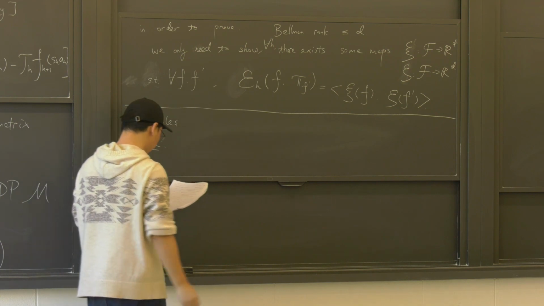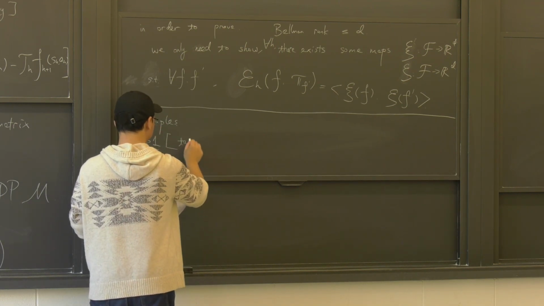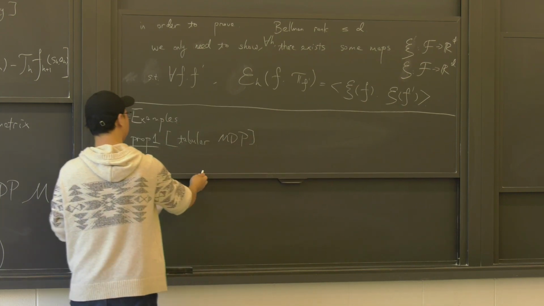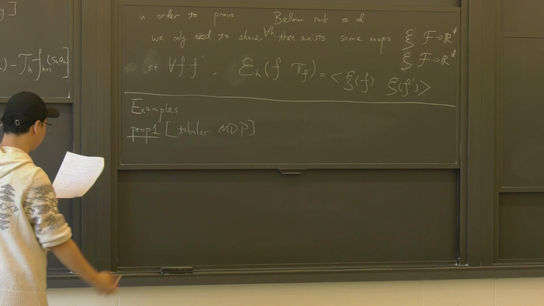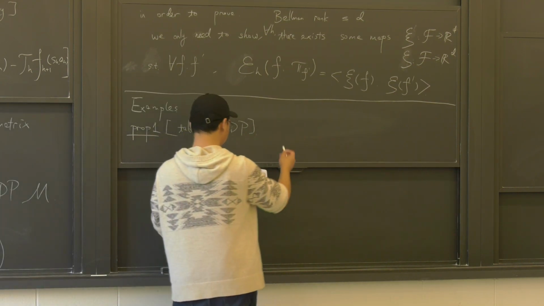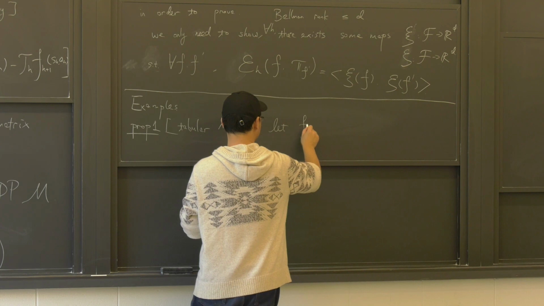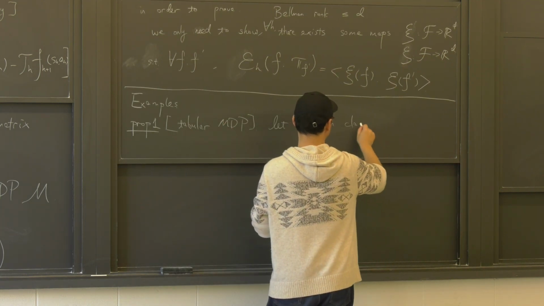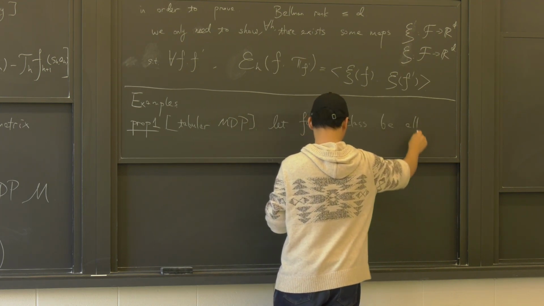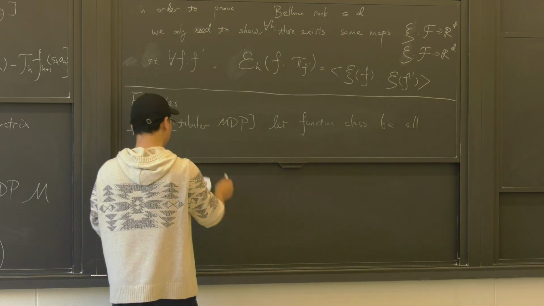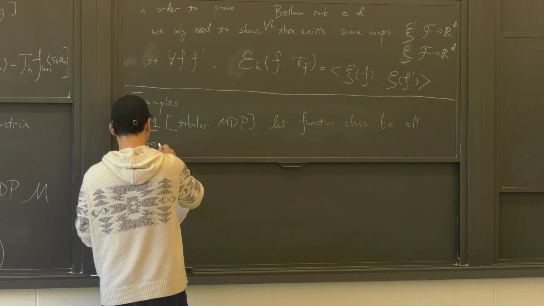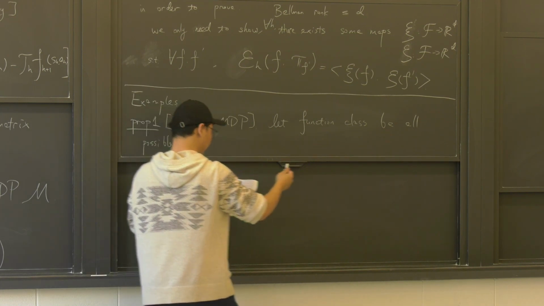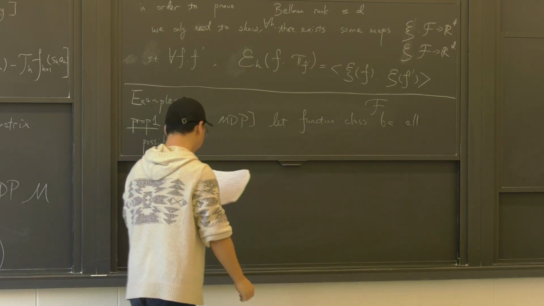So proposition 1 says we look at the tabular MDP. We're saying the tabular MDP falls into this class that has a low Bellman rank. So we say let the function class F be all the possible value functions. In the tabular case, we don't need to do any function approximation, so this F is just the entire value function class.